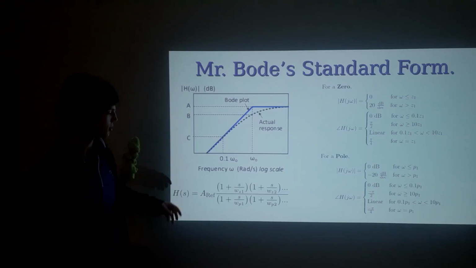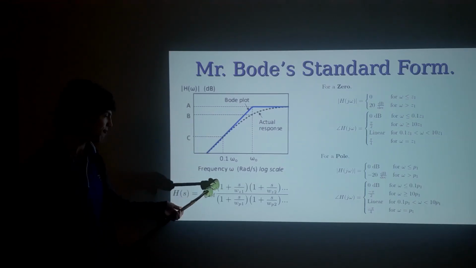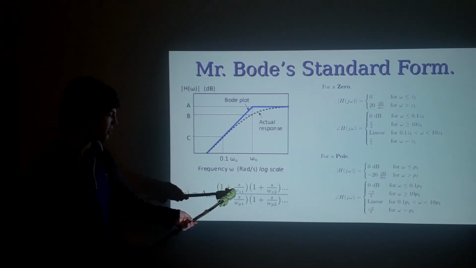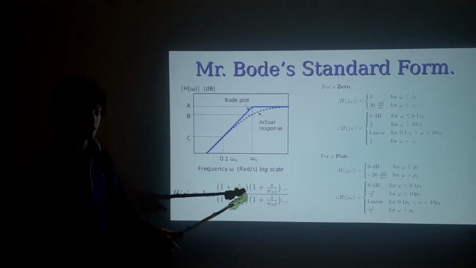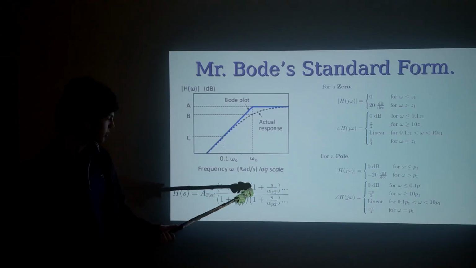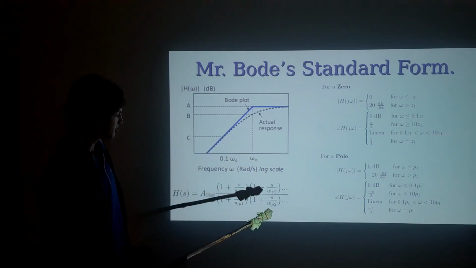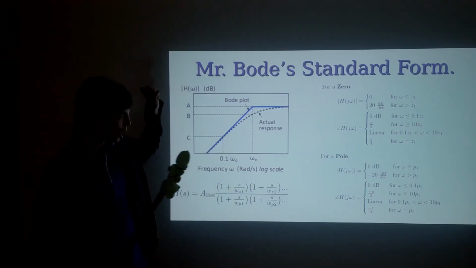We do some algebra to get that into this form here, where everything is in terms of 1 plus s (which is j omega) divided by an angular frequency. So omega_z is for a zero, as Mr. Bode called it, and omega_p is for a pole.